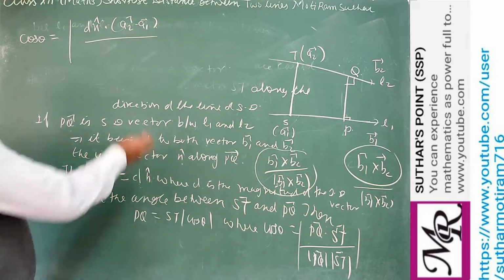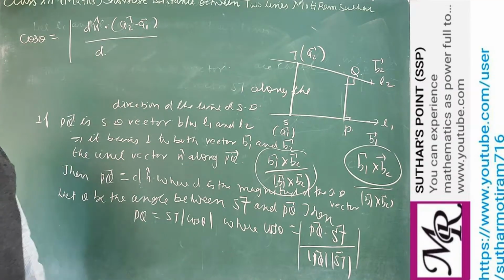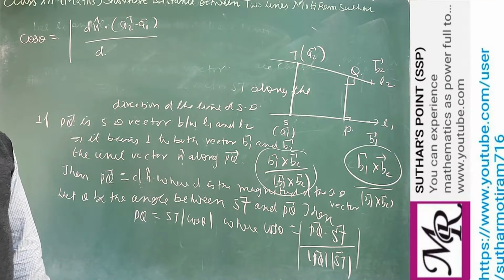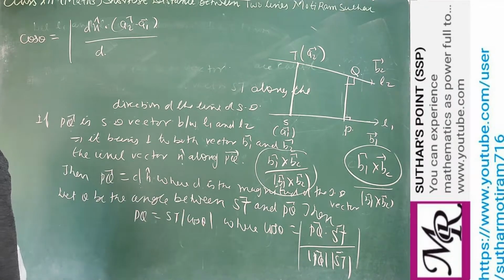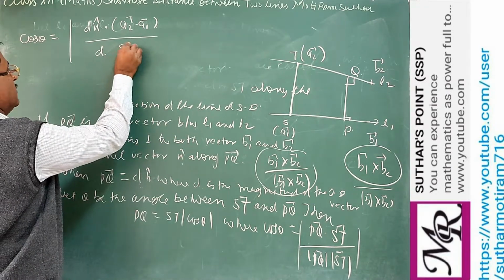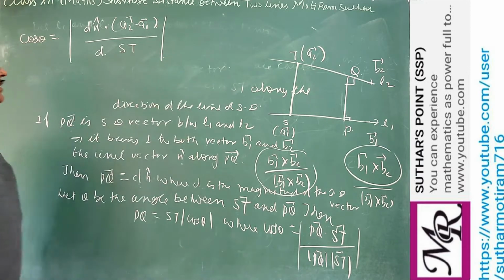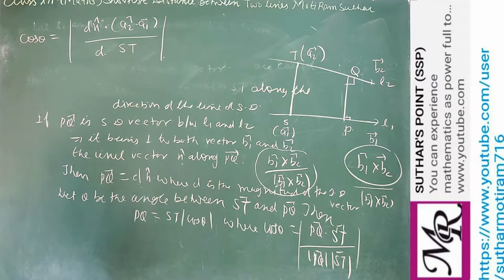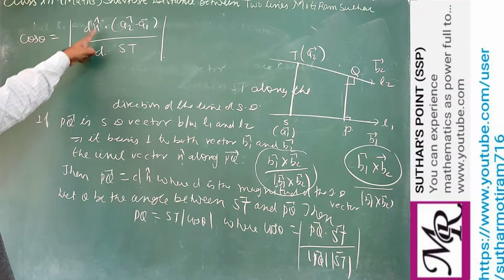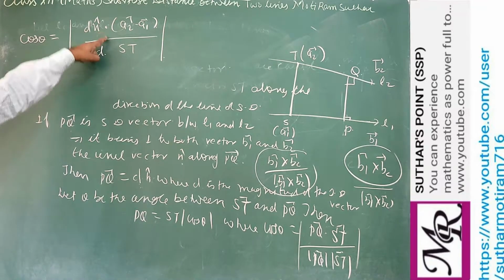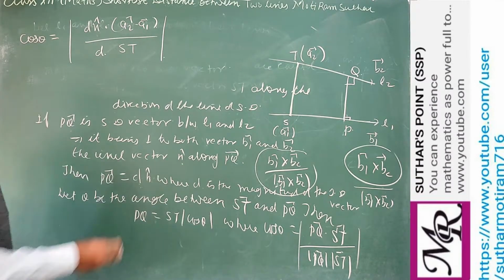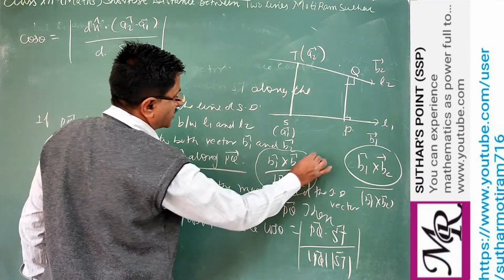So directly we get D. And modulus of ST as a length, simply you write ST. Now you can cancel out the D on both sides, and n cap we are already given. The unit vector n cap is given by this formula.